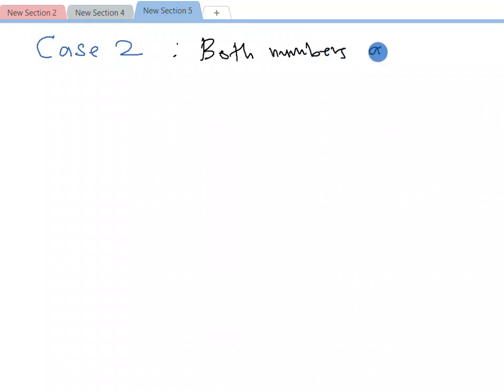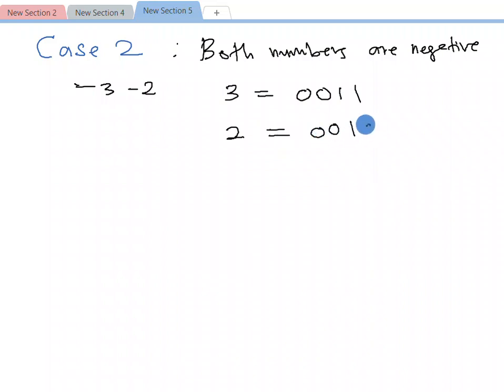Both numbers are negative. First, get the binary number for 3. We try to represent it with 4 bits first: 0011. For 2 we have 0010. I'm using 4 bits.